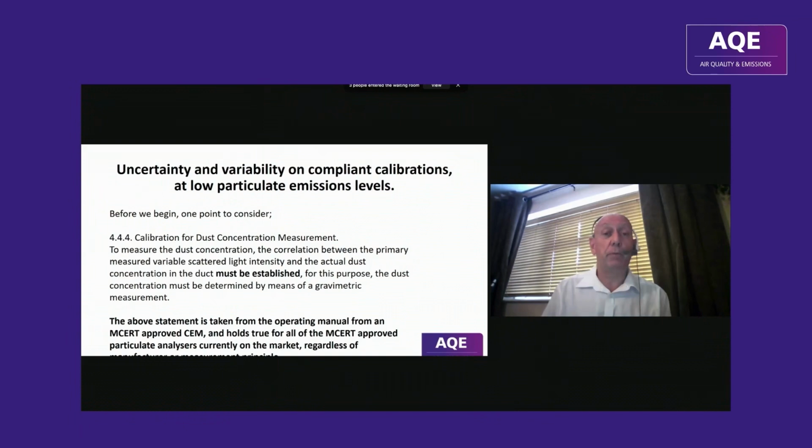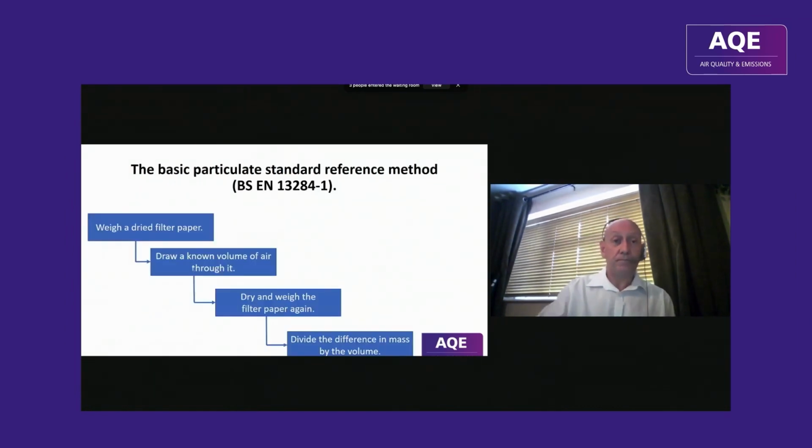But ultimately, to be able to report these emissions and to calibrate, it must be calibrated against a series of standard reference method tests. So again, just to make it clear, this statement is taken from one operating manual from an MCERT approved continuous emission monitor, but holds true for all of the MCERT approved particulate analyzers currently on the market, regardless of manufacturer or measurement principle. I just want to make that point clear at the start of the presentation.